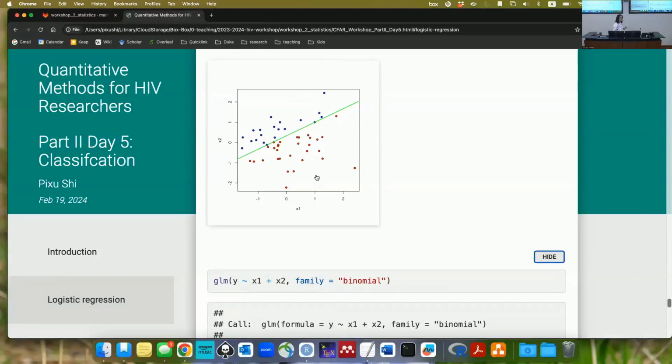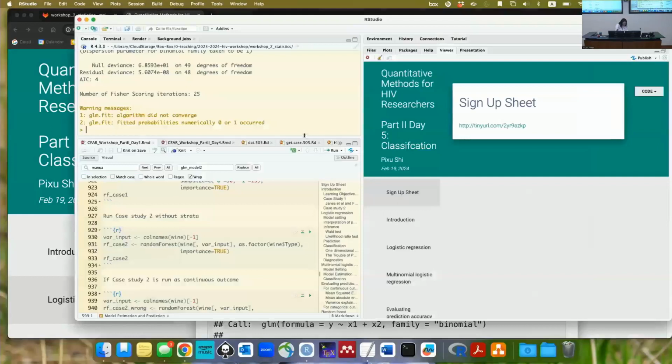No, because you're predicting a probability. Right, okay. Gotcha.